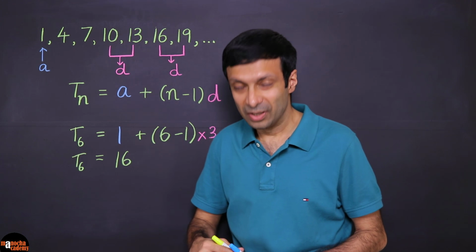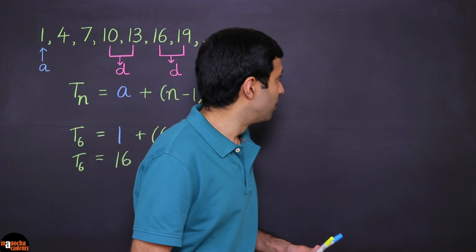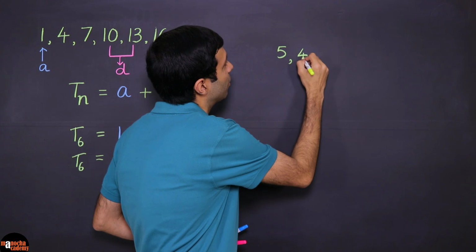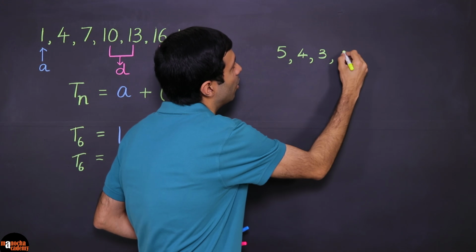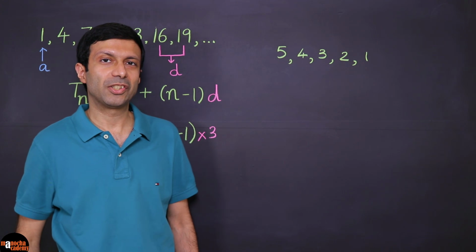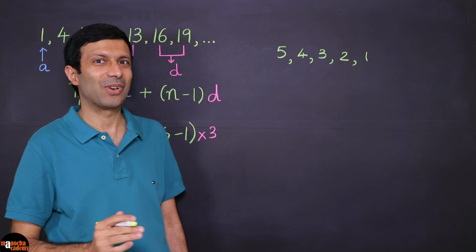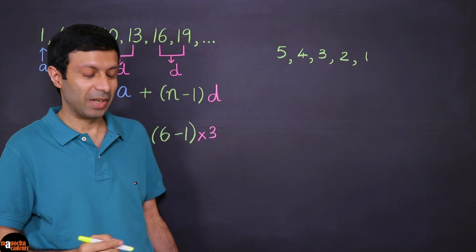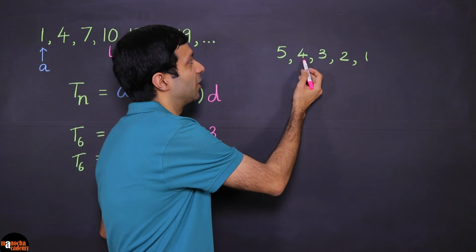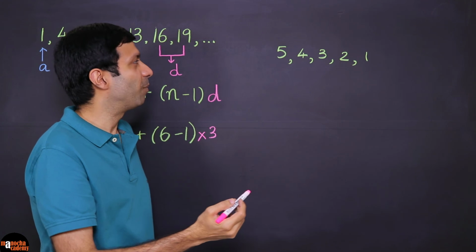Now let me ask you, let's say we have numbers like this: 5, 4, 3, 2, 1. Do you think this is an arithmetic progression? That's right. This is also an arithmetic progression because if you take the difference of a term and the previous one, what is the common difference here?